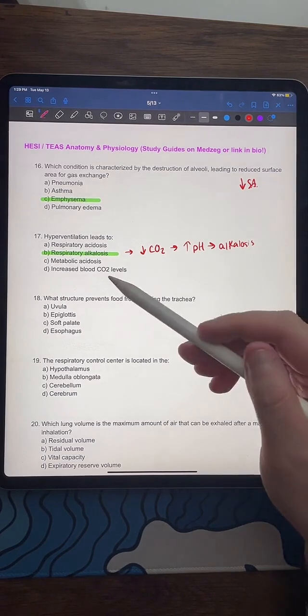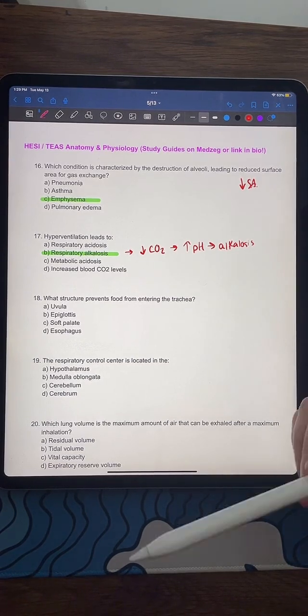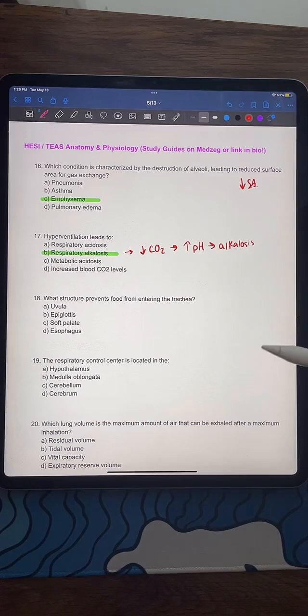Inversely, respiratory acidosis, this would occur when CO2 would accumulate, lowering the pH, causing it to be more acidic. Metabolic acidosis is related to metabolic issues, not breathing. Increased carbon dioxide levels is false because, again, hyperventilation decreases carbon dioxide levels.